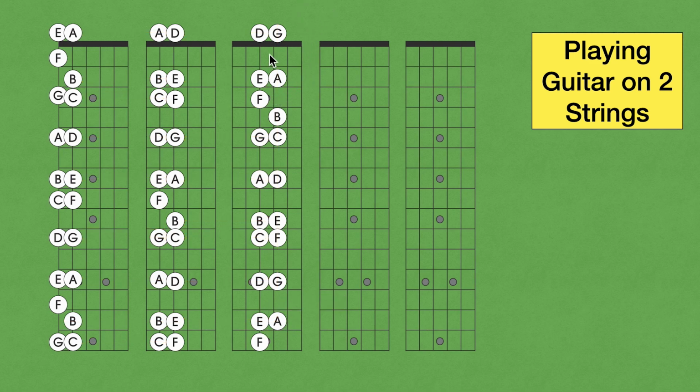And once again, we have the same intervals right here, just in different locations. So what we're looking at here is once we get an understanding of what is directly across from us or what's in a certain area, then on these two strings, or these two strings, we're dealing with the same stuff.